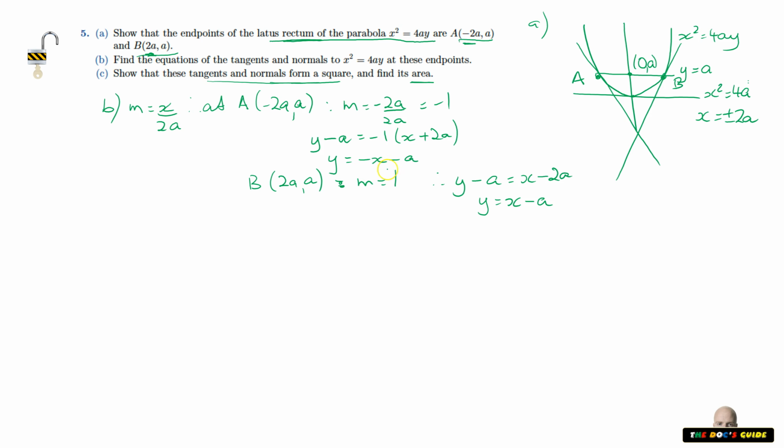Now, what does that tell you when you think about these lines? It tells you that this line cuts the y-axis at minus a. This line cuts the y-axis at minus a. So both of these lines pass through that point (0, minus a), which for what it's worth happens to be the directrix.